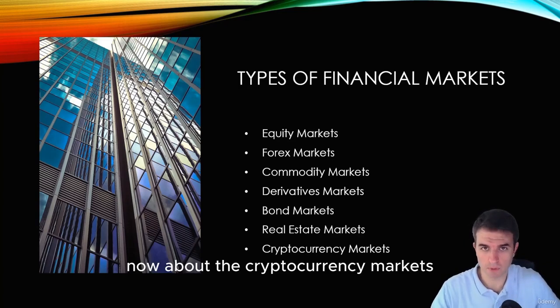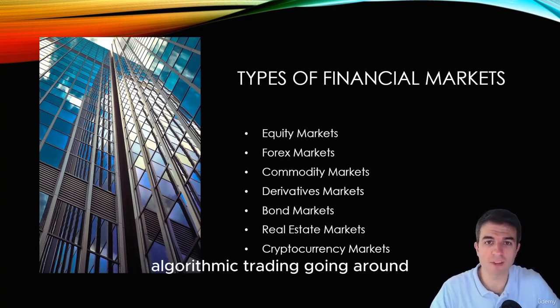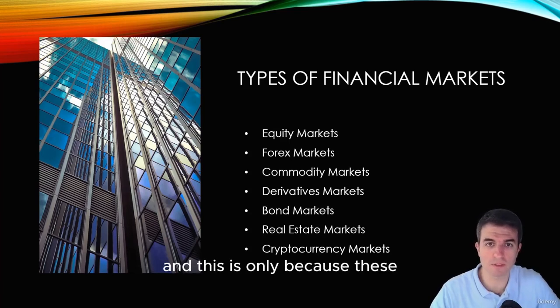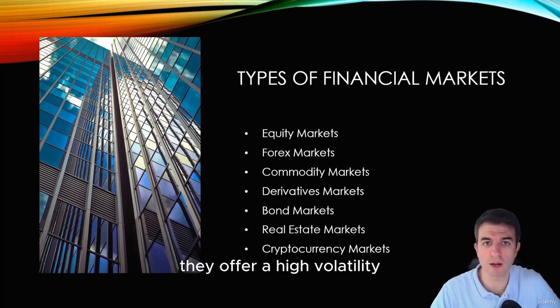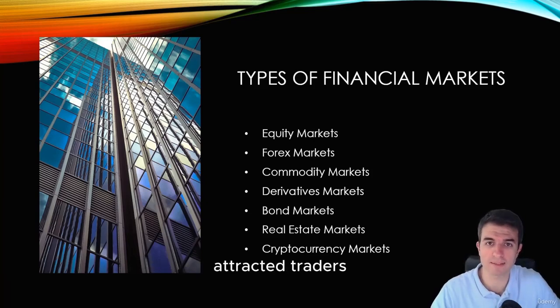Now, about the cryptocurrency markets, we have seen that there's a lot of algorithmic trading going around cryptocurrency, and this is only because these cryptocurrencies involve a lot of volatility. The market is very volatile, and the potential for substantial gains attracted traders and investors seeking exposure to innovative financial technologies.